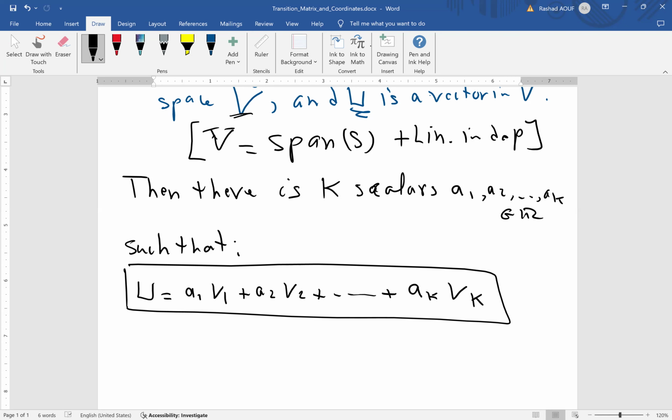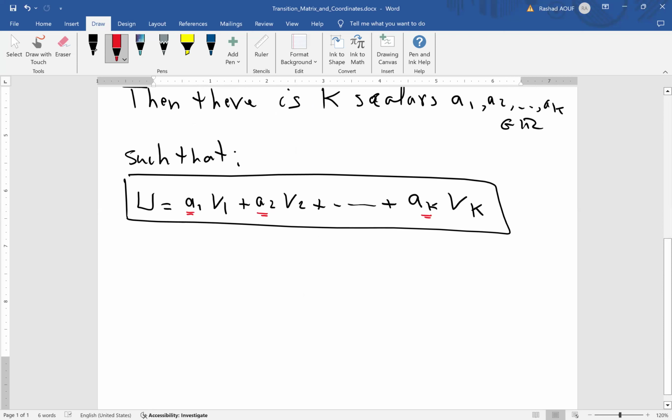Those scalars A1, A2, ..., Ak, which are the coefficients, we call the coordinates of U. This is the definition of coordinates.